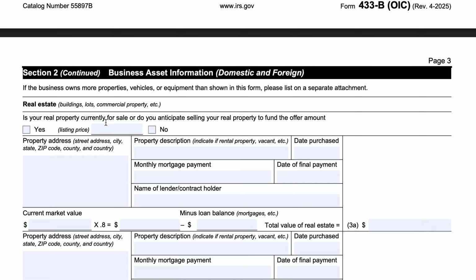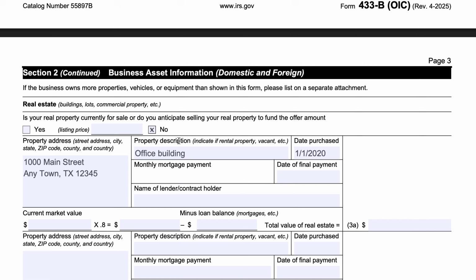Here we're going to attach real estate. Let's just say that there is nothing currently for sale, but if we wanted to sell the building on 1000 Main Street, let's just say that it's an office building. We bought it back in 2020.